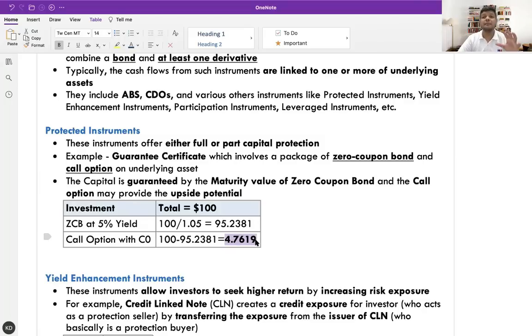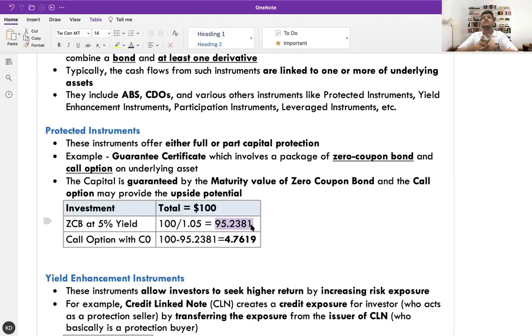However, if the markets are down, if the markets are bearish, the maximum I lose in the call option is this premium of $4. Am I correct? But my bond will still turn up to be 100 on maturity, isn't it? So this is a strategy where at any cost, I will at least recover my capital, that is $100.